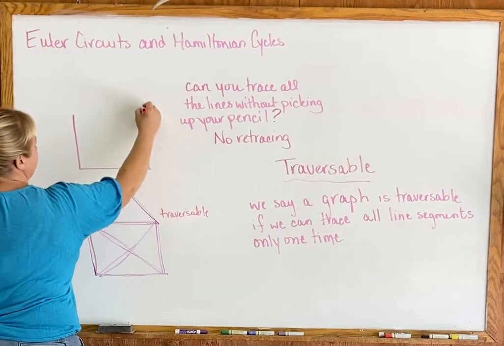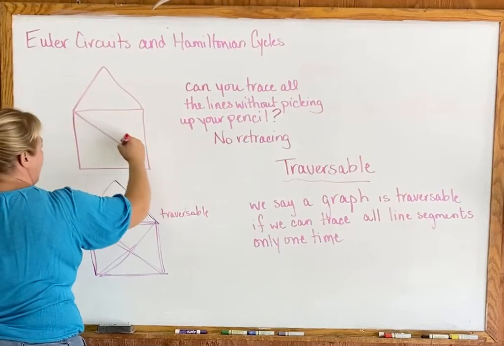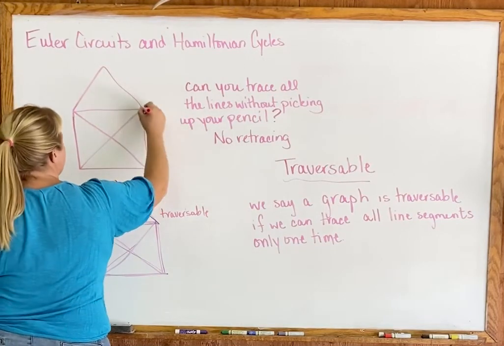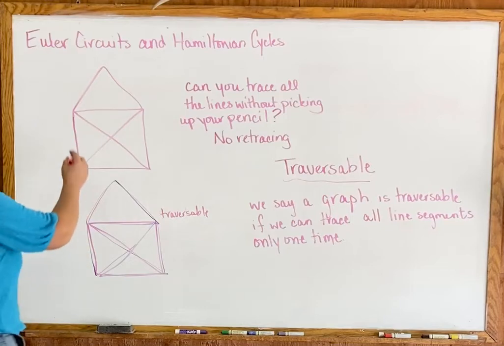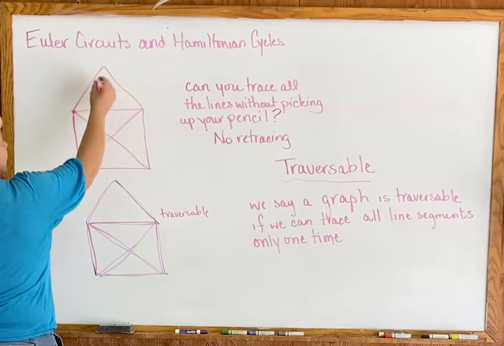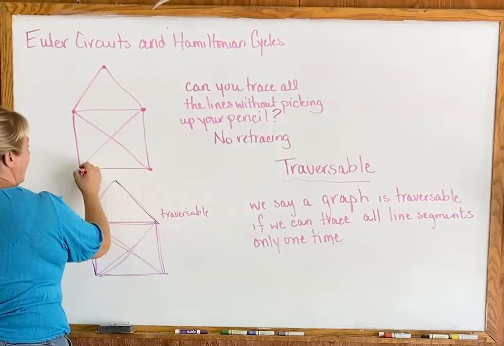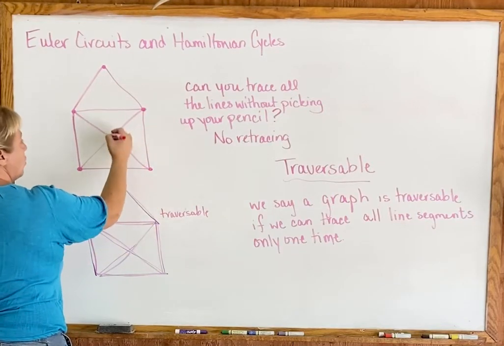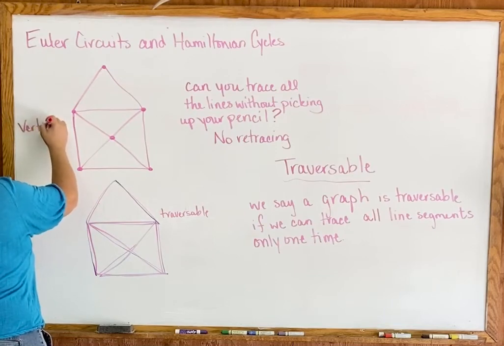Now look at this and decide why, if we started here, it didn't work, but if we start here, it does work. I want you to think about each point, where the line segments come together, as a vertex, or vertices. So these are going to be vertices.